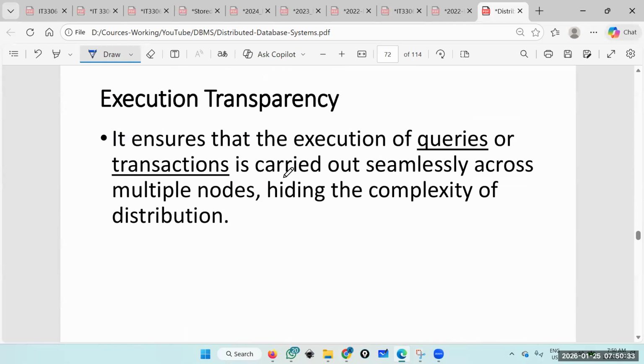Execution transparency means that when you are executing a complex query, you don't need to specify where to execute the first part or where to do the join. Those things are handled and decided by the distributed database system. It will decide the best execution strategy.